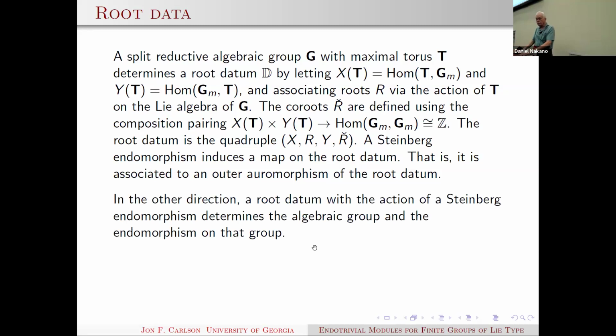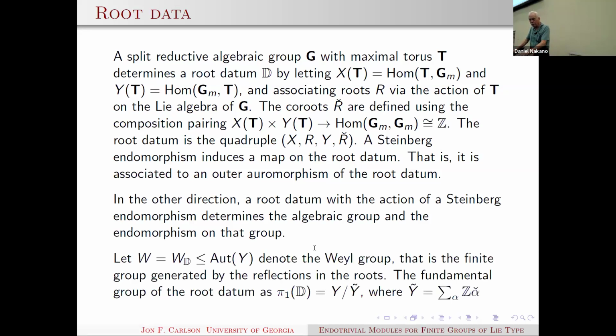The other direction is if you start with the root datum and the action of the Steinberg endomorphism, then it determines the algebraic group and the endomorphism of that group. So we can basically move from the algebraic groups into this realm of root data.